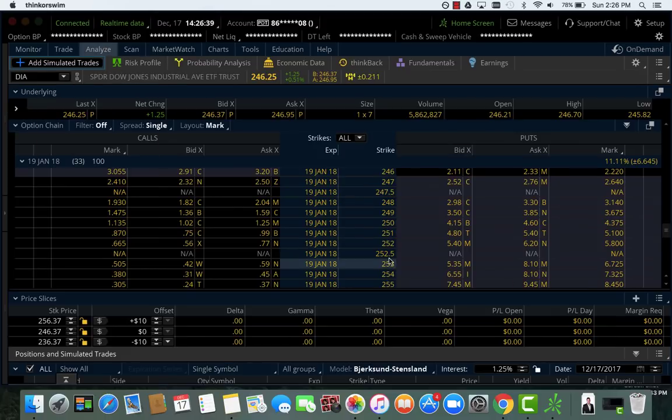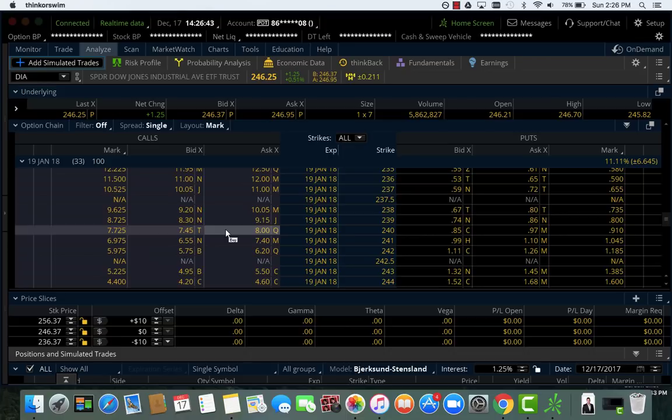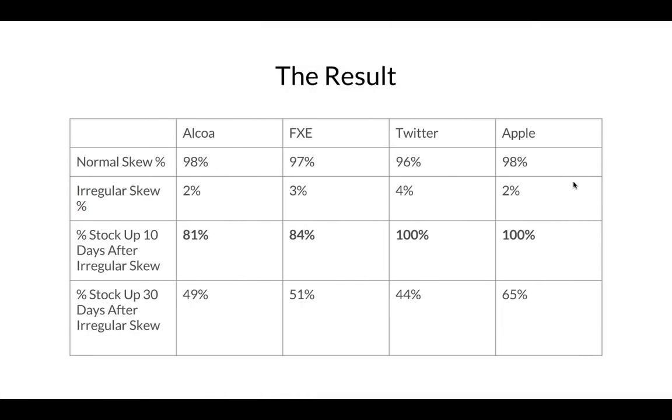In DIA, $10 away, the calls are worth 30 cents, and $10 away, the puts are worth 59 cents. That's normal skew. That happens 98% of the time in the last 10 years in Alcoa, 97% in FXE, 96% of the time in Twitter, and 98% of the time in Apple. Right? So we only see irregular skew 2, 3, 4, and 2% of the time.